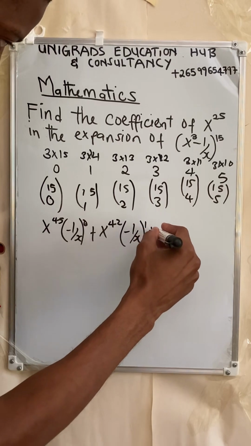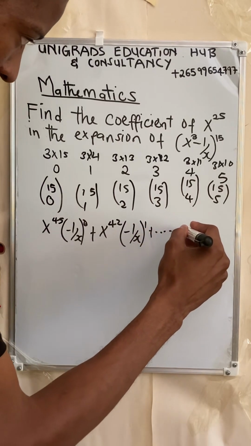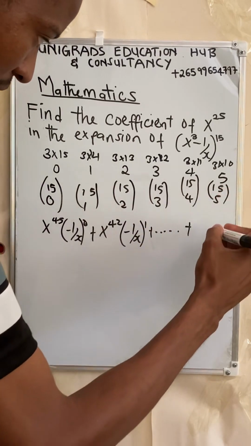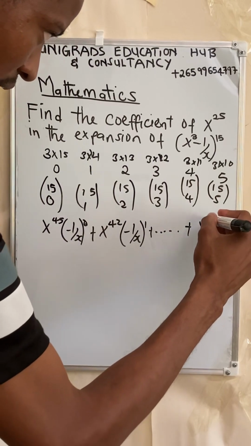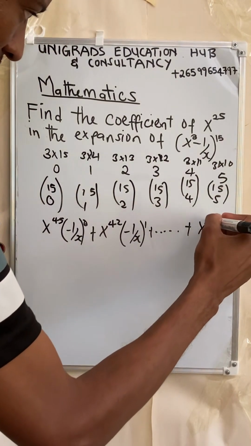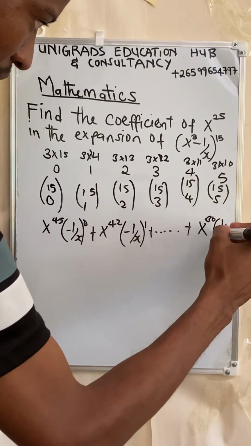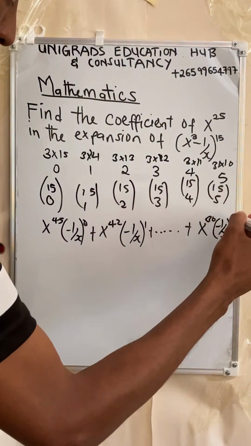This continues up until we have x to the power 3 times 10, which is 30, times minus 1 over x to the power 5.